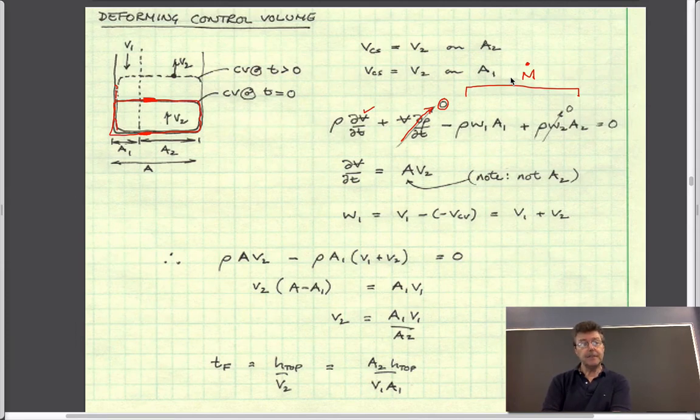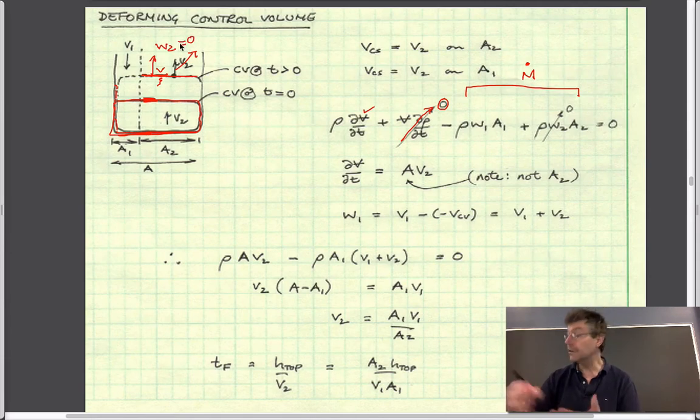In some respects, we make life somewhat easy for us, right? Because now if you look at this deforming volume, what's happening on this surface here? No fluid goes across here. It's the bottom of the beaker. It's not moving. This we're attaching to the top of the fluid, and so clearly the relative velocity W2 has to be zero, right?